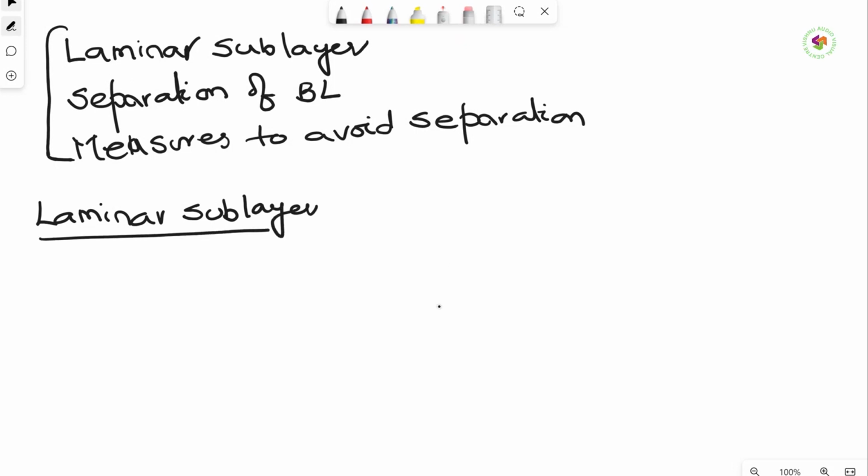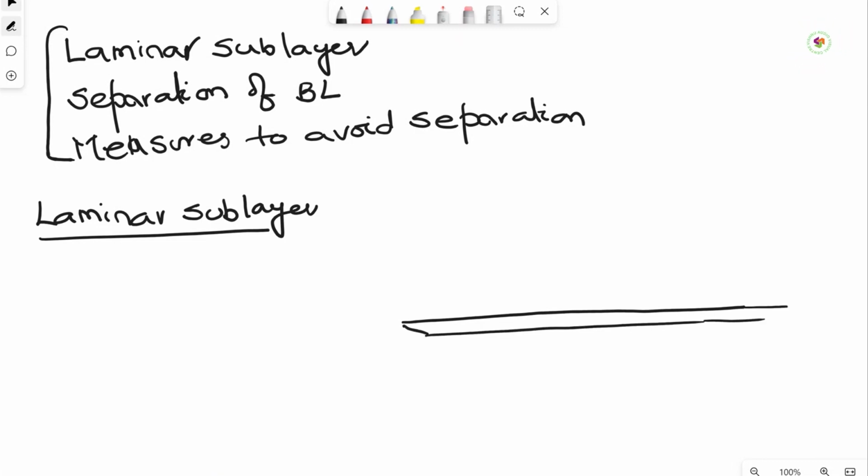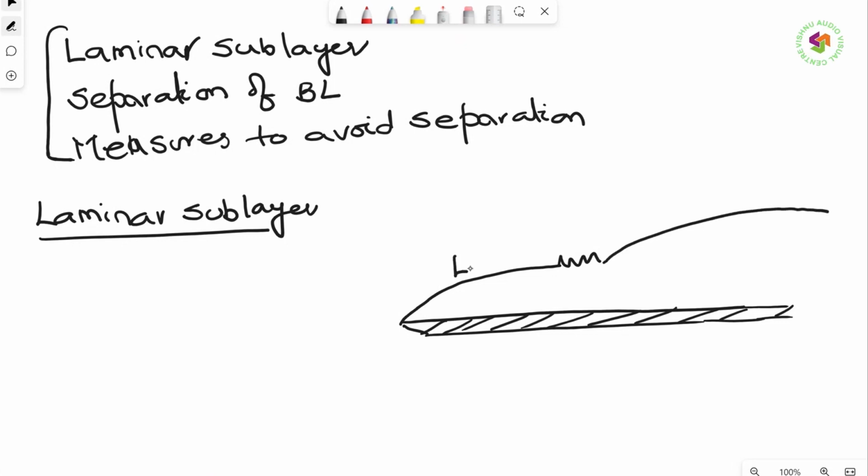If you draw the growth of the boundary layer on a flat plate, so if this is the flat plate, the boundary layer starts from the leading edge, transition. So this is LBL, transition, TBL.